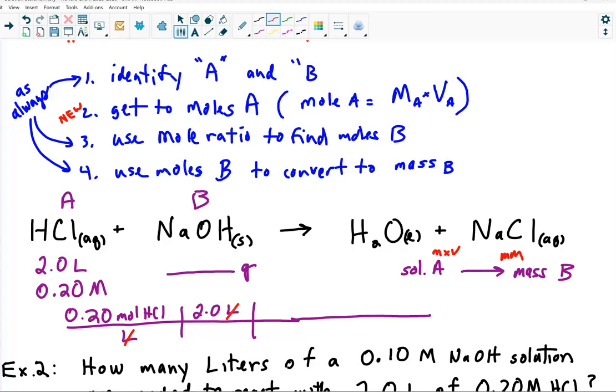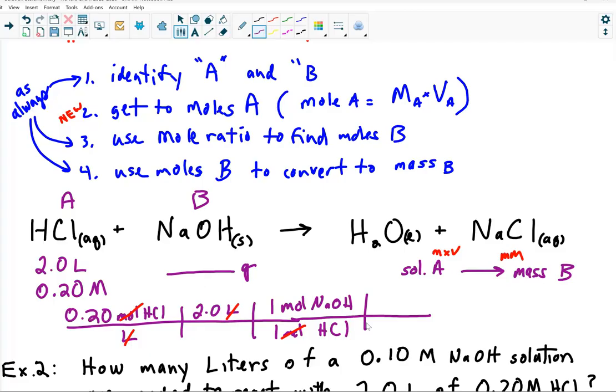Now I'm ready for the magic mole ratio, which in this case is 1:1. 1 mole of NaOH for 1 mole of HCl. And right now, looking at units, moles of HCl cancel. And what comes next is, you want mass of NaOH.